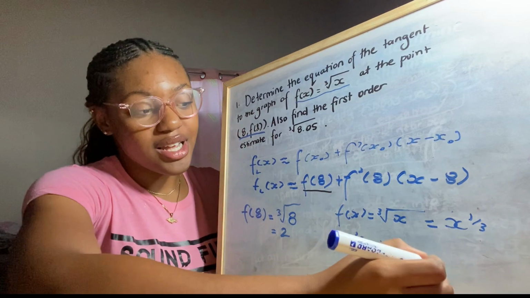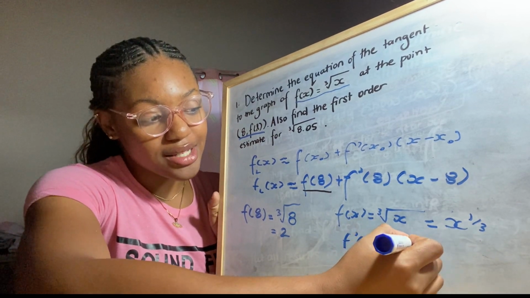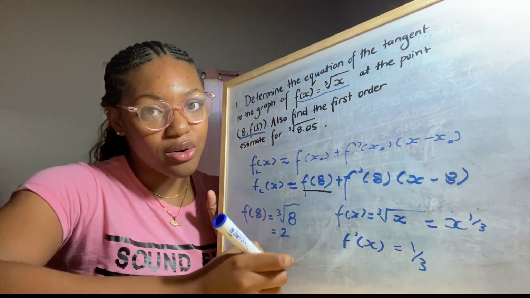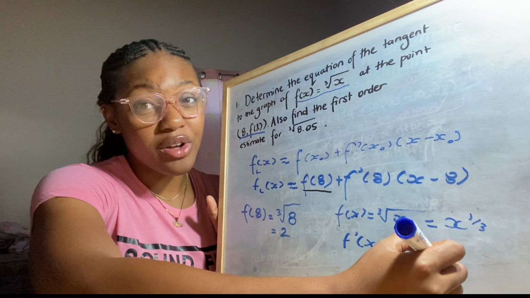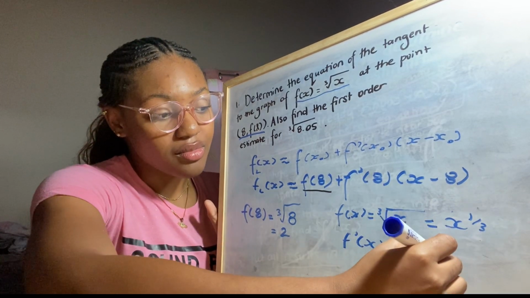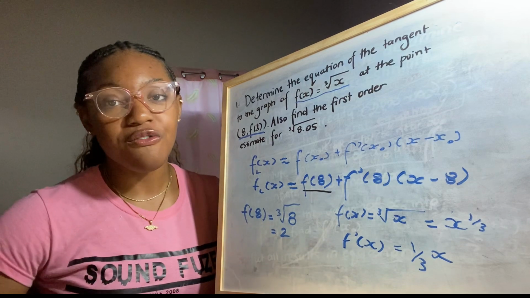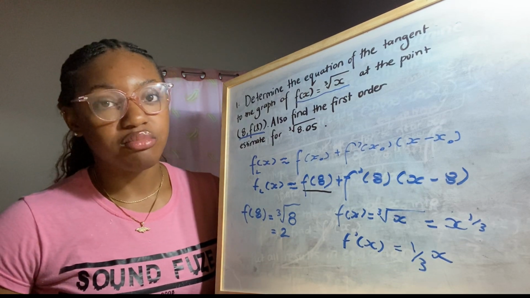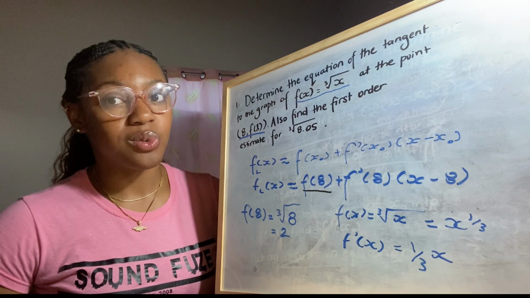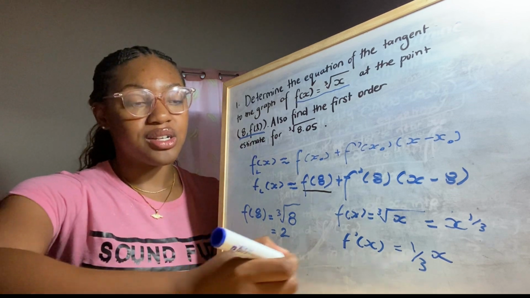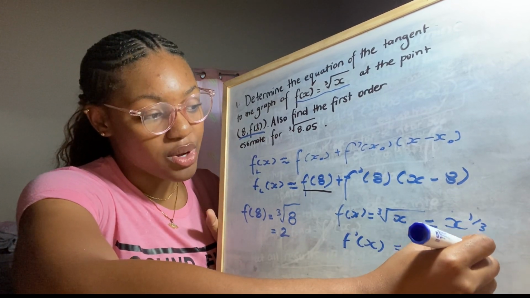All we're doing is that we're going to copy and paste the power down. So we're going to copy and paste the 1/3 to be the coefficient of x. And then just subtract 1 from the power that we already have, the 1/3. So 1/3 minus 1 would simply give us minus 2/3. So that's what I'm going to have.